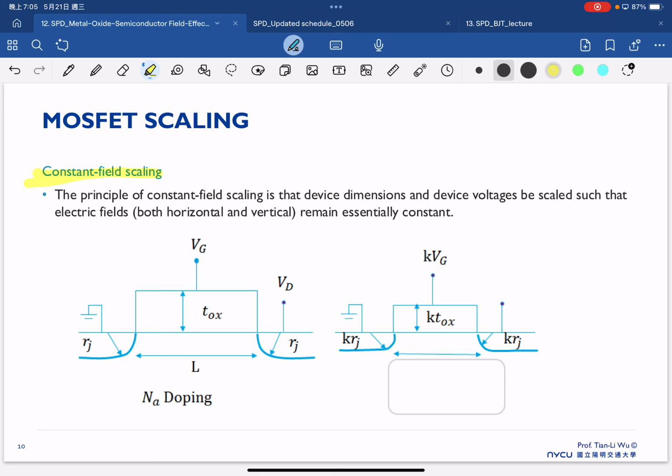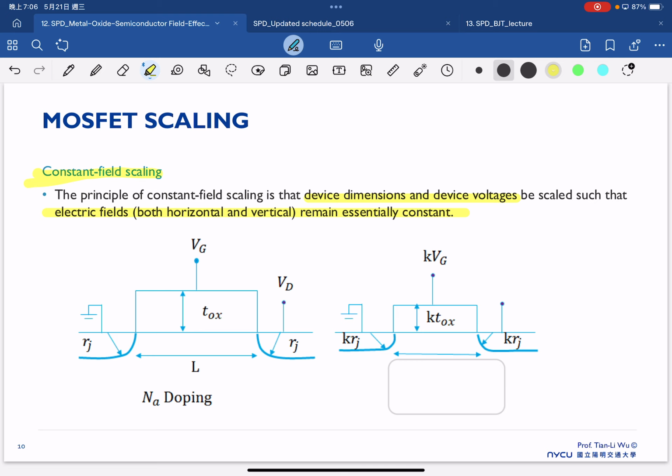The principle of constant field scaling is that device dimensions and device voltages must be scaled such that the electric field is maintained as a constant. Both the horizontal and the vertical fields need to remain essentially constant.